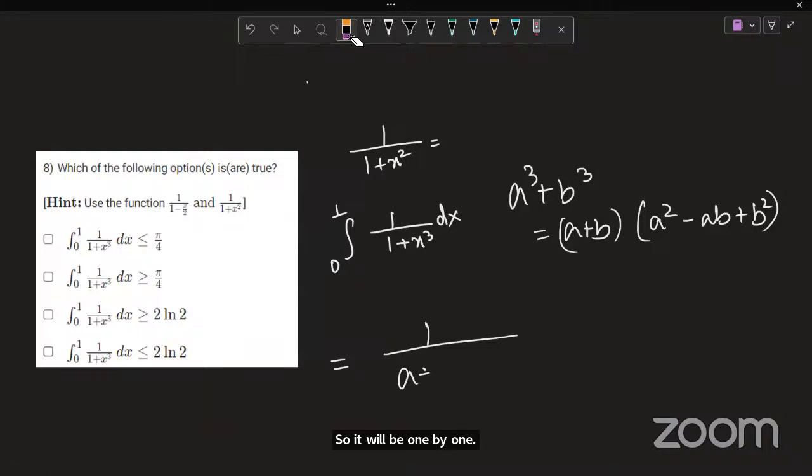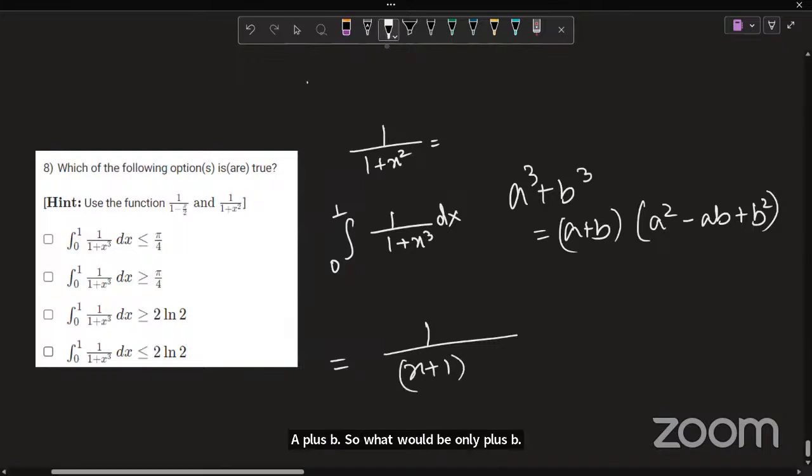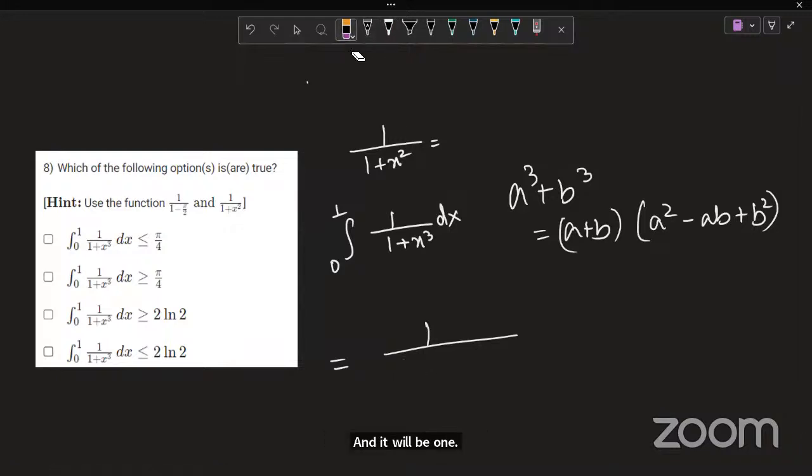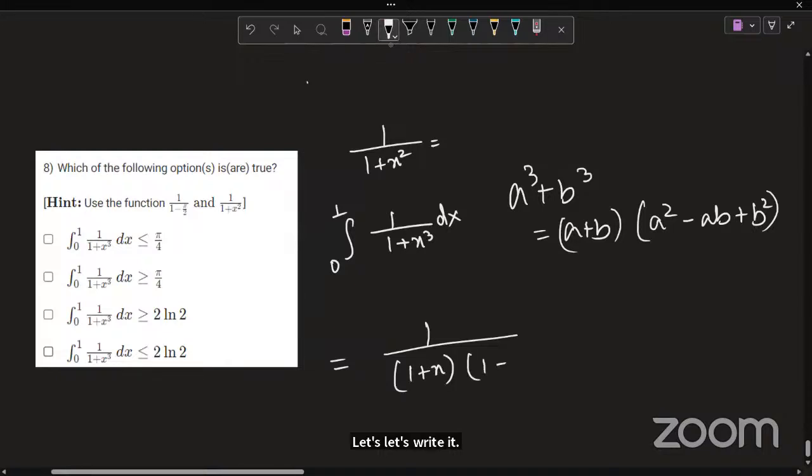We can write it as 1 plus x, 1 minus x plus x squared. Okay, and now, in integration by partial fraction, is it covered in the lecture?